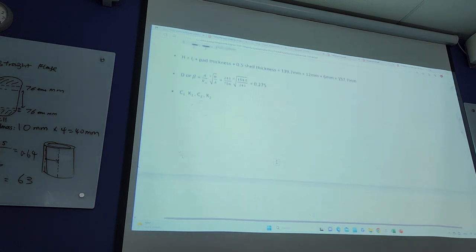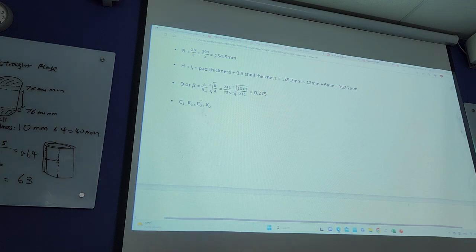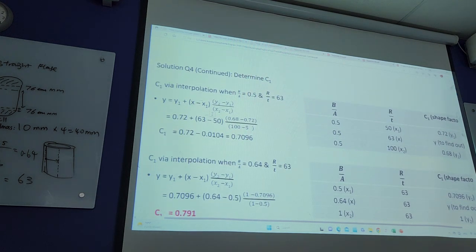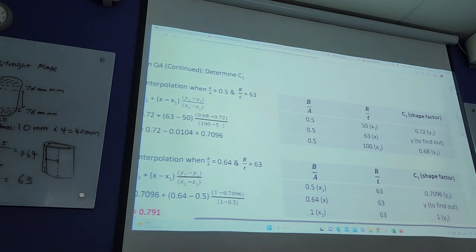Okay, in order to find out this C1, K1, C2, K2, what we are going to do is interpolation. Alright. So first we have to find RT first. Alright, so you can see from here.